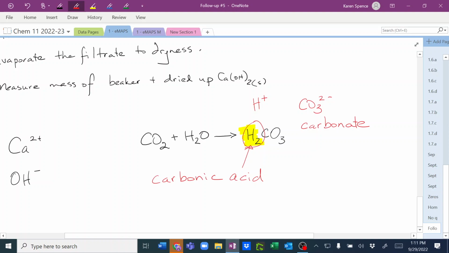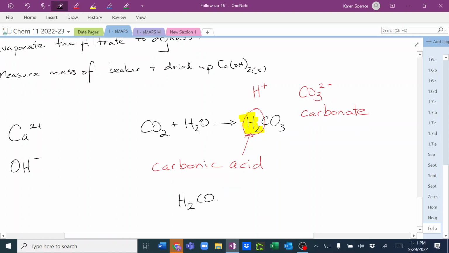But it doesn't stay as carbonic acid. Once we get our H2CO3, it actually separates. And again, this is simplified into H+ and CO3 2-. So the ions split apart.